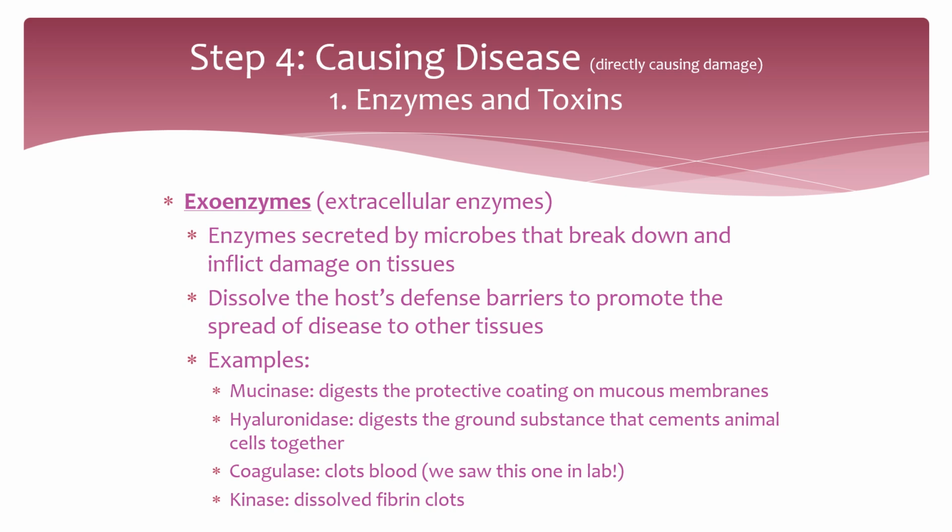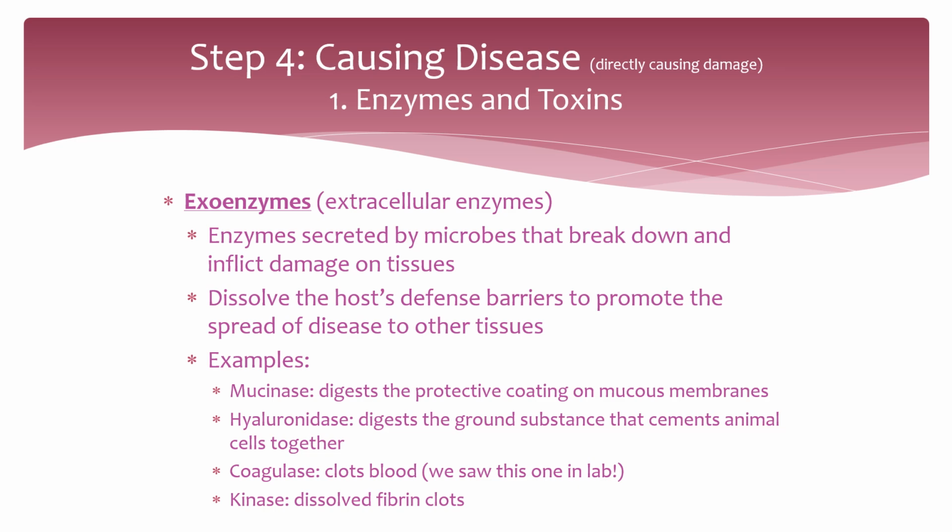An example you can think of is when we did the coagulase test in lab, we saw clumping of that test potentially, and that was an example of an exoenzyme causing that change. So imagine that's happening on the inside, and that is a result of this direct damage that some microbes can cause.